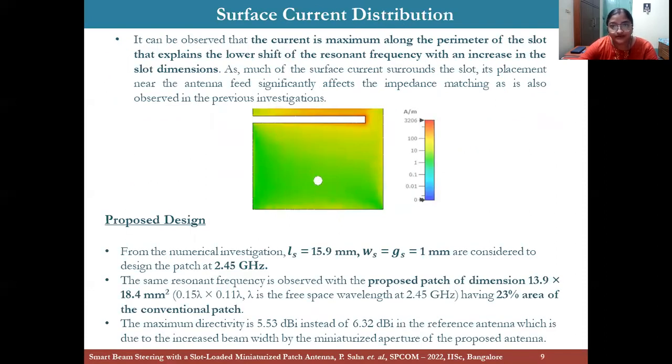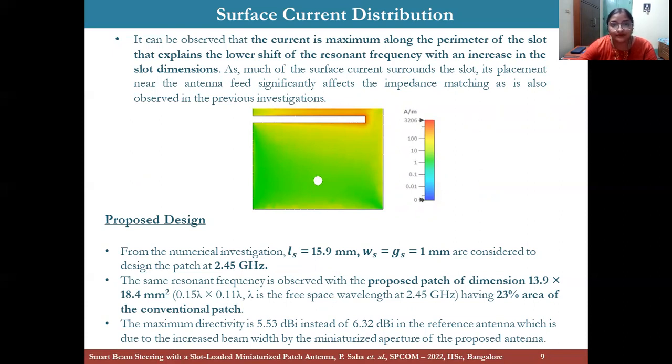The surface current distribution for the proposed patch at 2.45 GHz is shown in the figure. It can be observed that most of the current surrounds the slot. Hence, by increasing the slot length and the slot width, the length of the current path is also increased, and the resonating frequency is decreased.